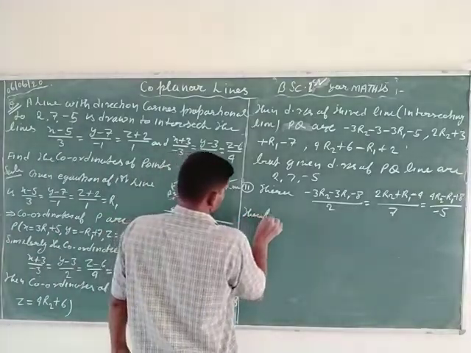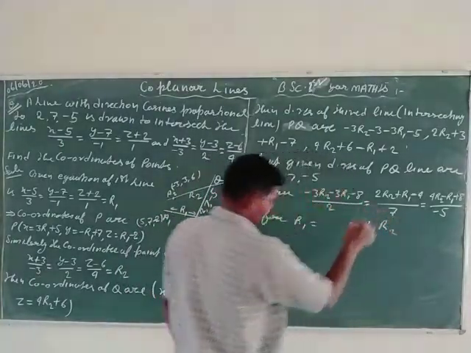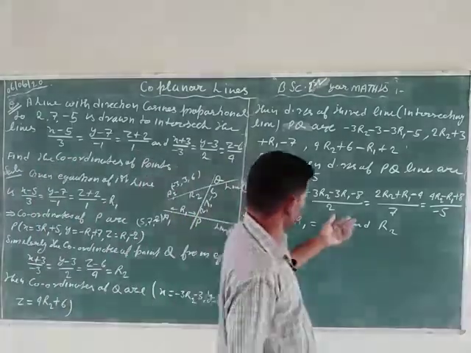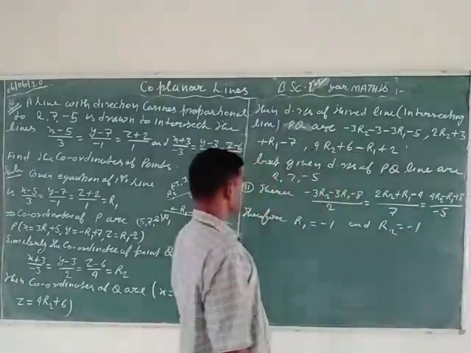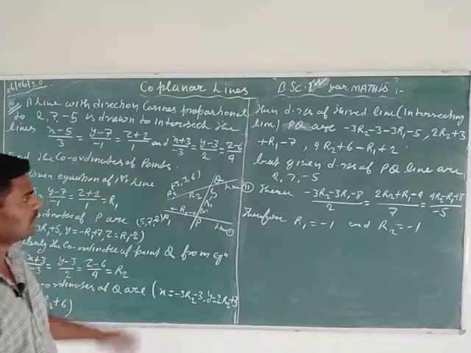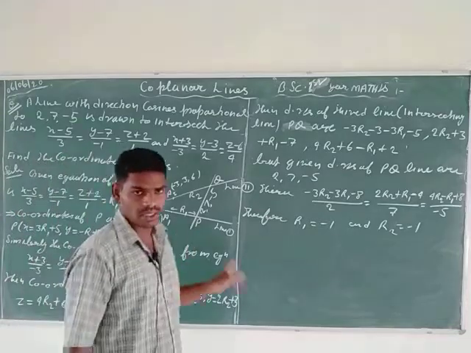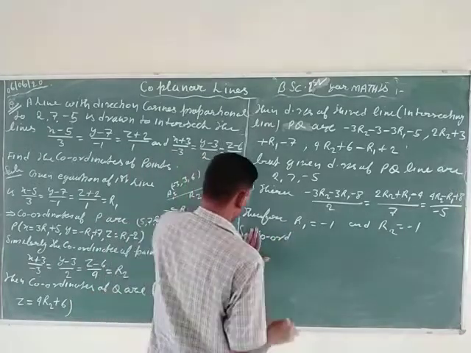Therefore, after solving the first and second ratios, the values of R1 and R2 are minus 1 and minus 1. After putting the values of R1 and R2, you can calculate the coordinates of points capital P and capital Q, which are the intersecting points of the given third line with the first and second line.